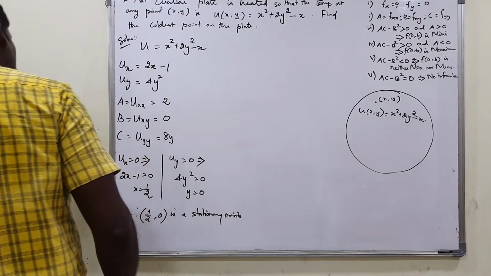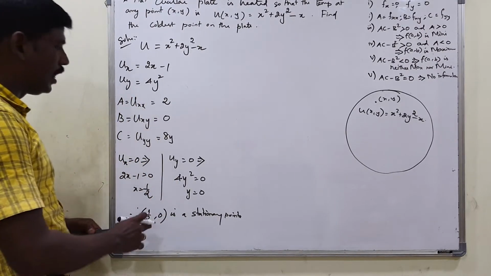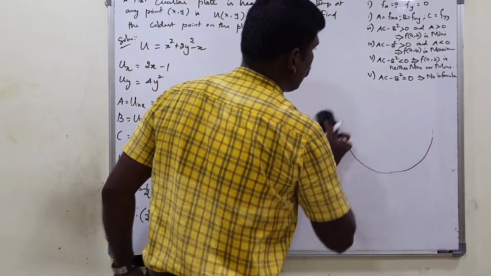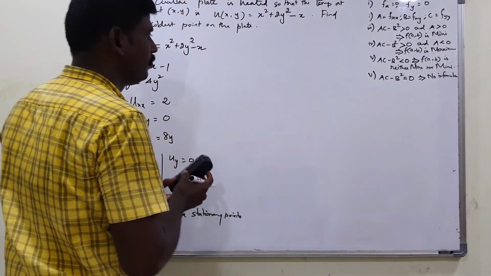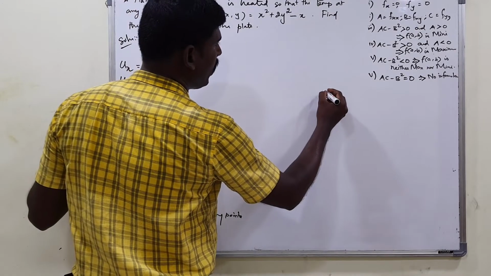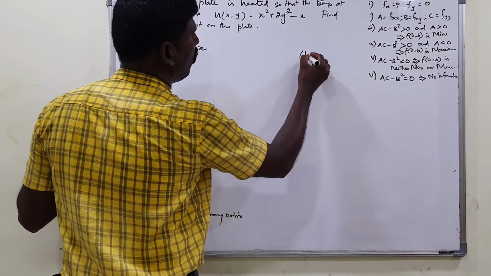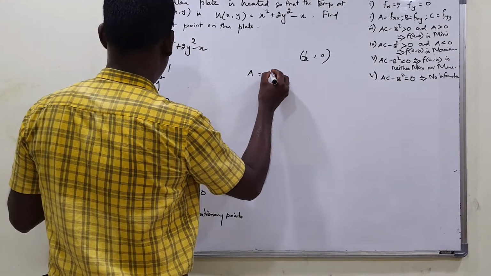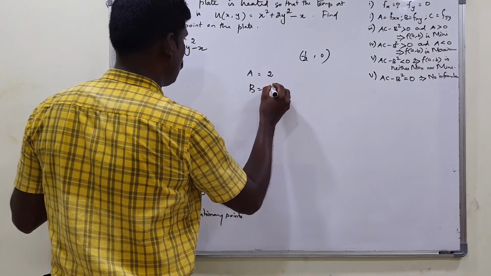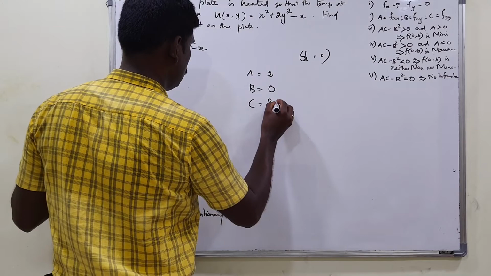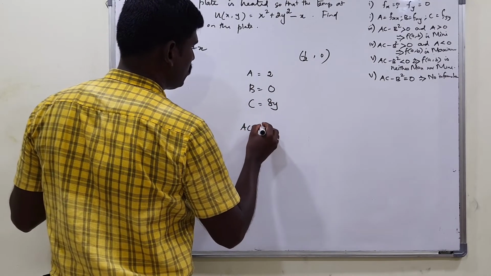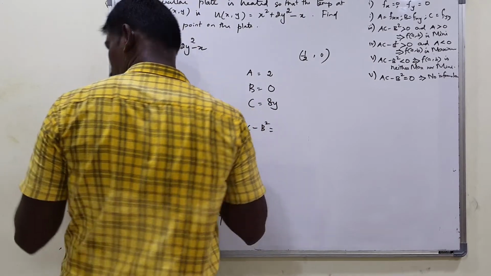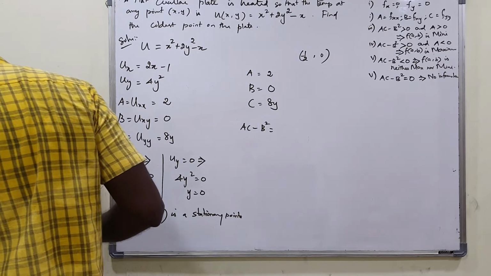So we need to check the value of a, b, c at these points alone, right? And also ac minus b square, right? What is that point we obtained? 1 by 2 comma 0. So a, what is a? It is constant. What is b? It is also constant. What is c?